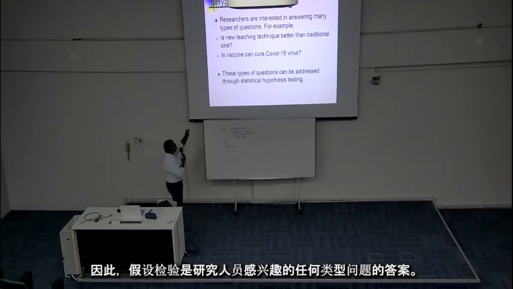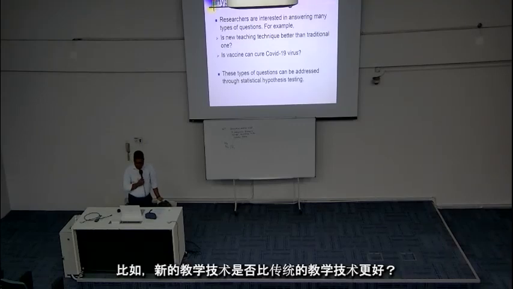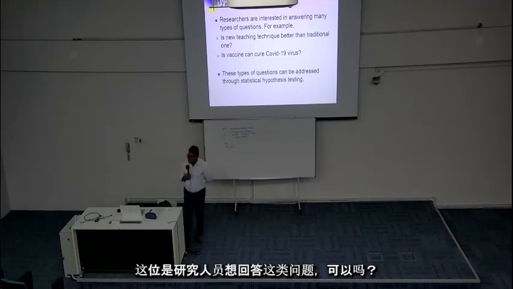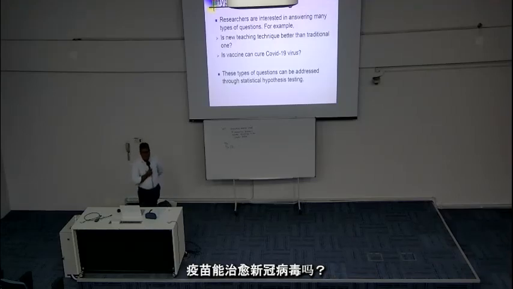So in hypothesis testing, the researchers are interested in answering certain types of questions. For example, is the new teaching technique better than the traditional one? This is a question a researcher wants to answer. Can the vaccine cure the COVID-19 virus?